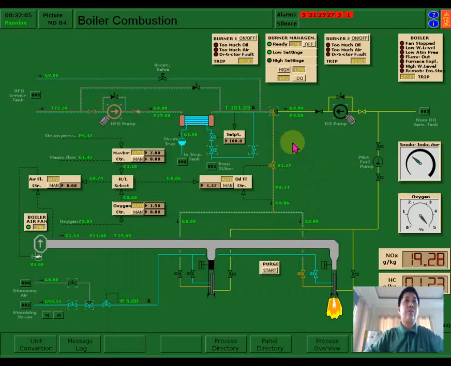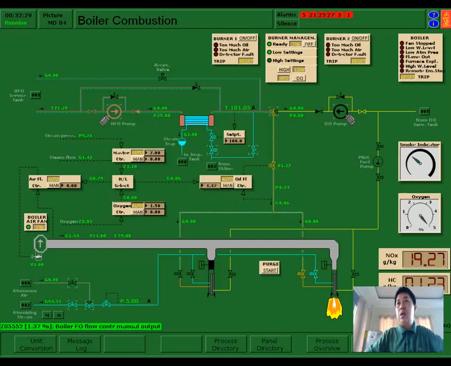Your pump here just circulates the fuel throughout the system, but the control of the flow of the fuel into your burner is controlled by your PID controller. This one.